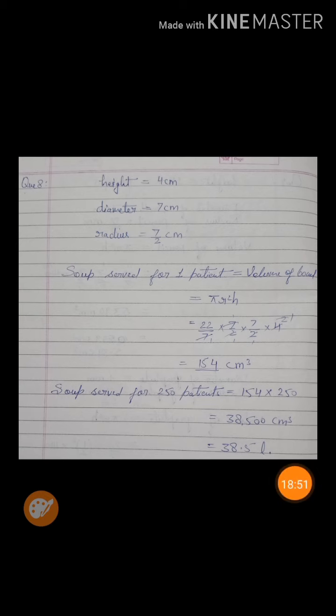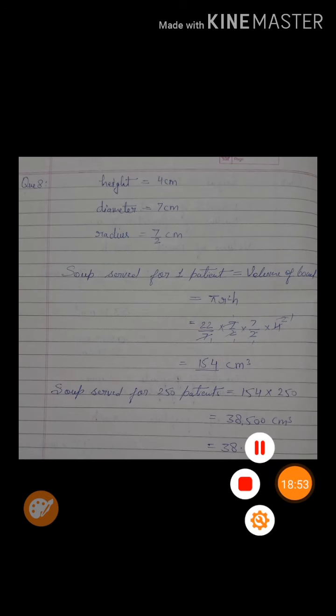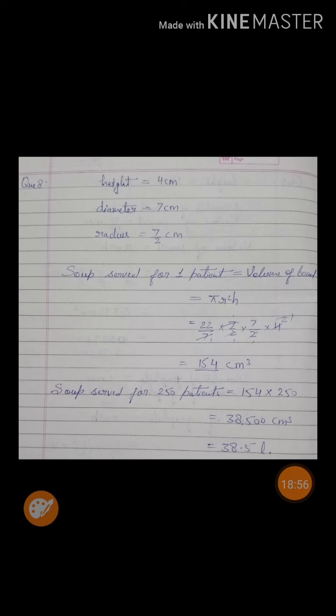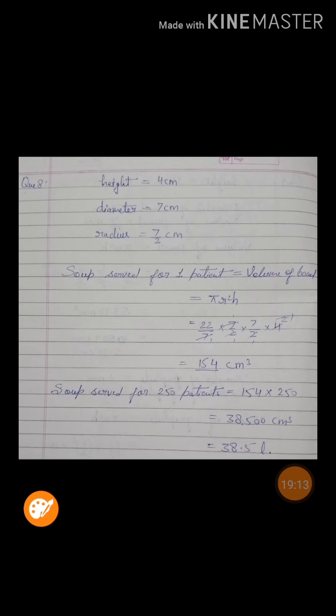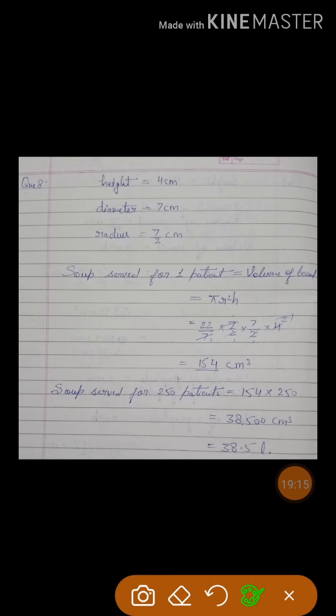So it is given, in a hospital one patient gets soup in a cylindrical bowl whose diameter is 7 centimeter, and its height is 4 centimeter.